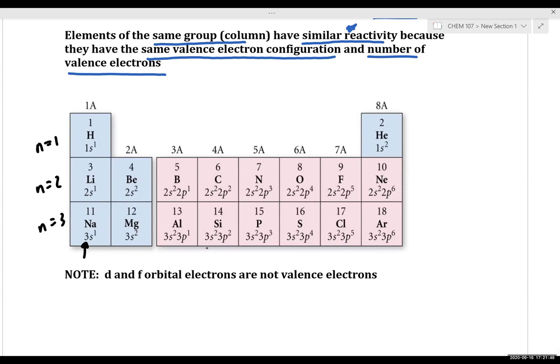Does everyone notice this clear pattern in the electron configurations and number of valence electrons? So for 1A, we have 1 valence electron. For 2A, we have 2 valence electrons. 3A, 3 valence electrons, and so forth. Any questions on this idea?